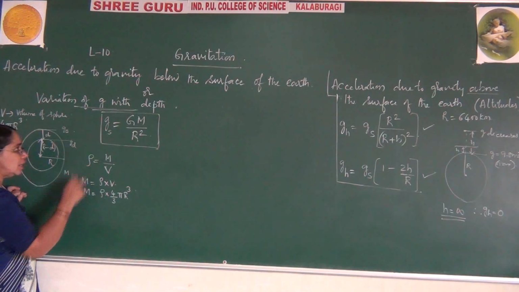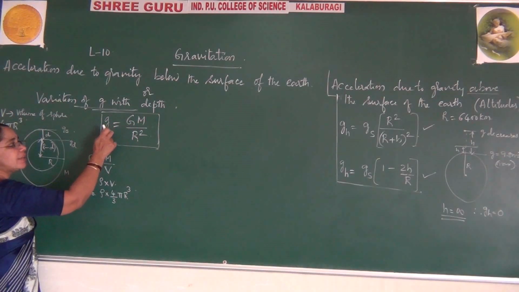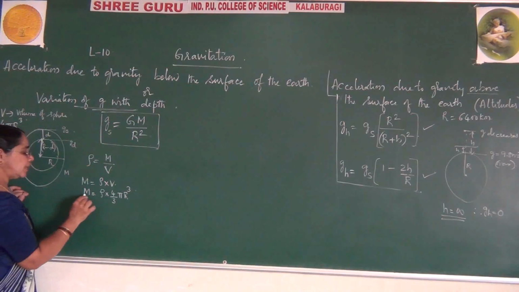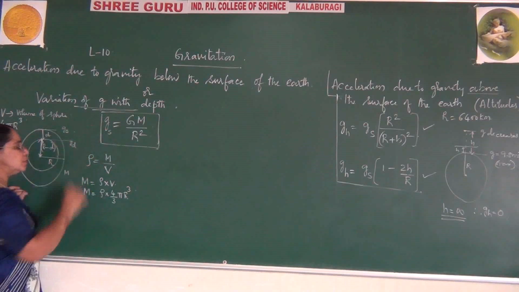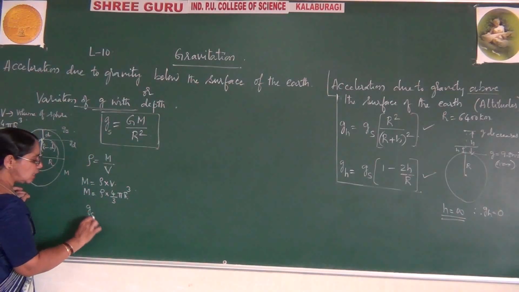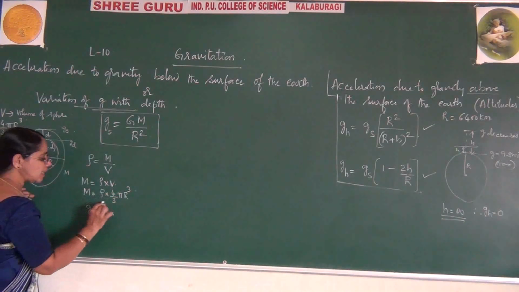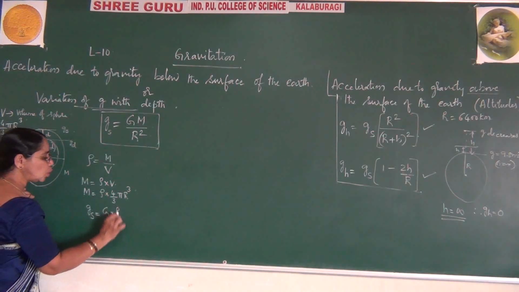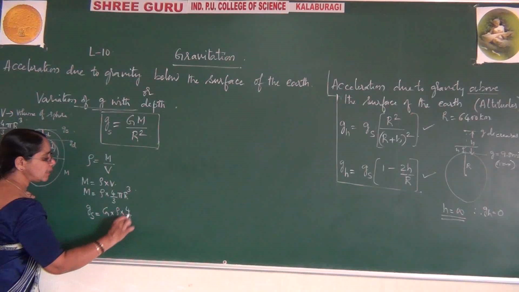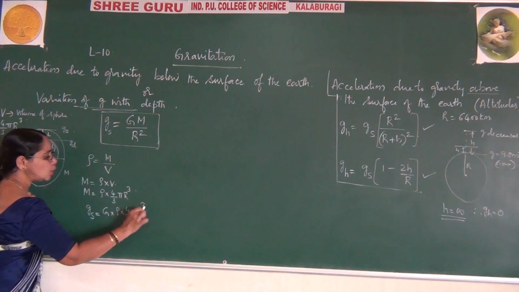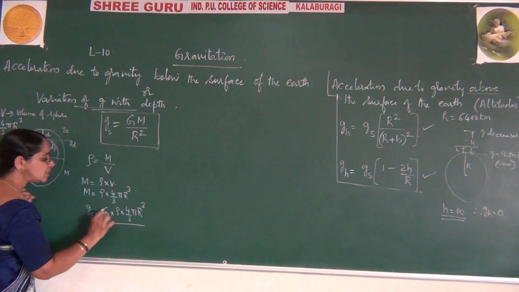This mass I am writing on the surface. So now if I use the condition g_s is equal to G into this mass, I substitute here: rho into 4 by 3 pi r cube divided by r square.